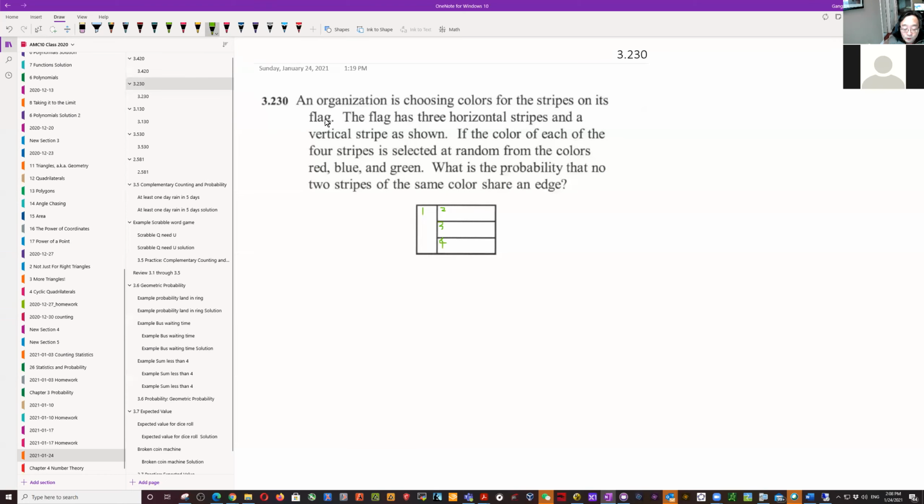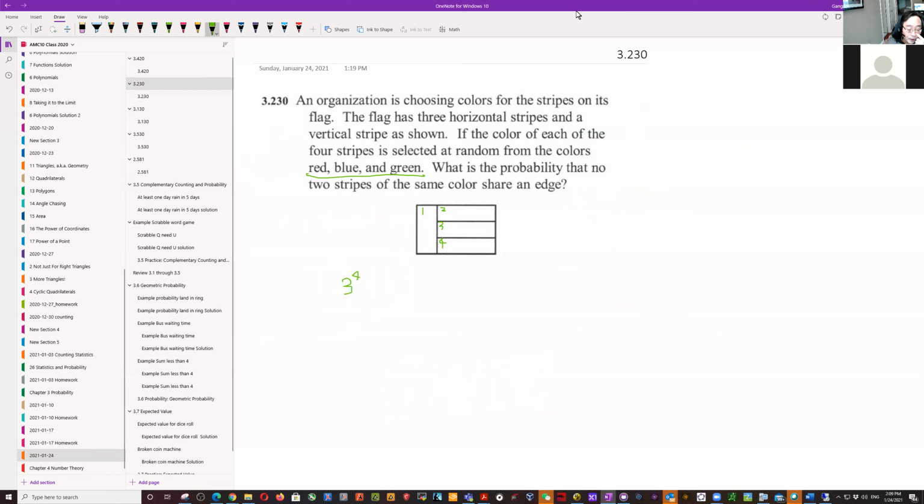And for those stripes, each stripe is free to choose 3 colors, red, blue, and green. So each position, you got 3 choices. You have 4 positions, so 3 to the 4th is the total number of choices.